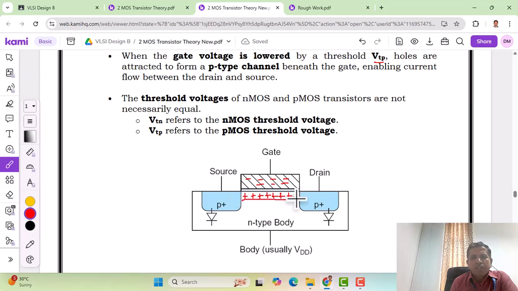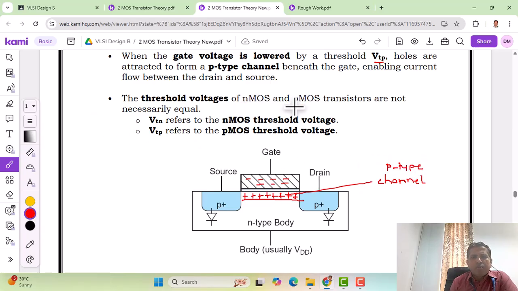This forms a channel connecting the source and the drain, a p channel beneath the gate, enabling current flow between the drain and source. So the current flow is due to the holes. Therefore a p channel has been formed here. A p-type channel has been induced.